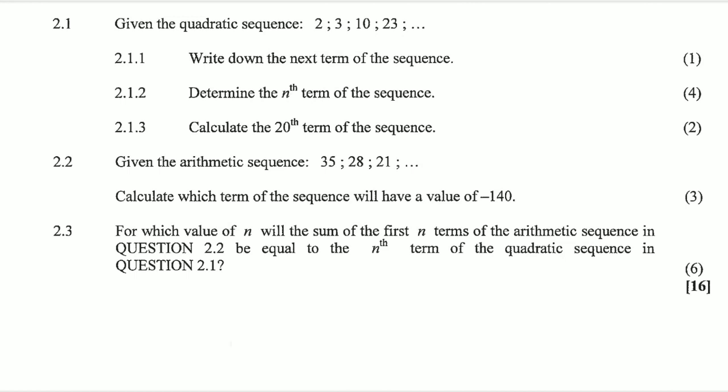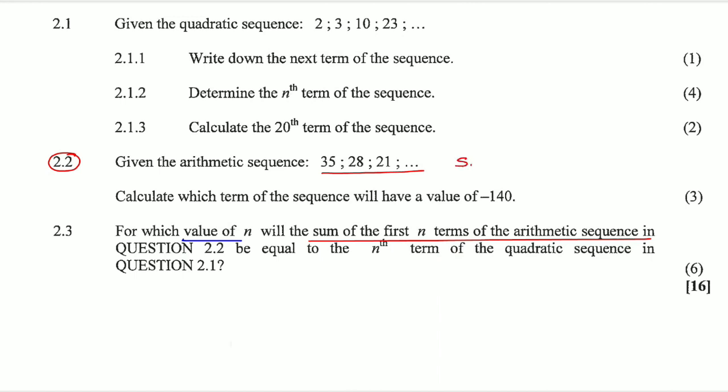Now, what are we looking for in this question? We need to find the value of n when the sum of the first n terms of the arithmetic sequence in question 2.2 is equal to the nth term of the quadratic sequence in question 2.1.